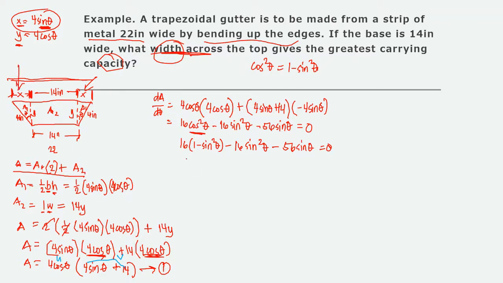So simplifying this, we have 16 minus 16 sine squared theta minus 16 sine squared theta minus 56 sine theta. And then arranging this into the highest exponent, we have negative 16 minus 16, that is negative 32 sine squared theta minus 56 sine theta plus the constant 16.